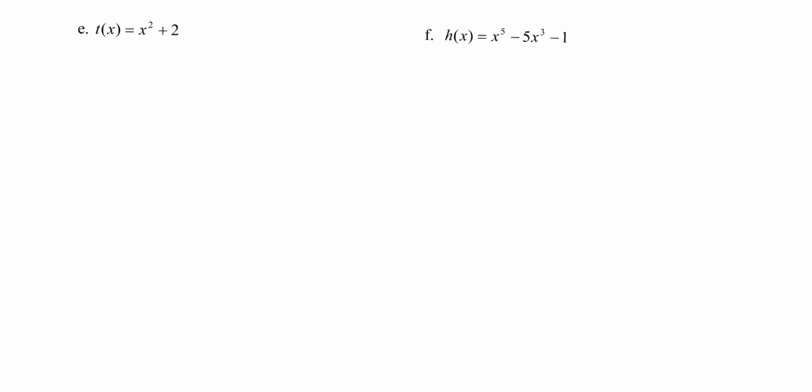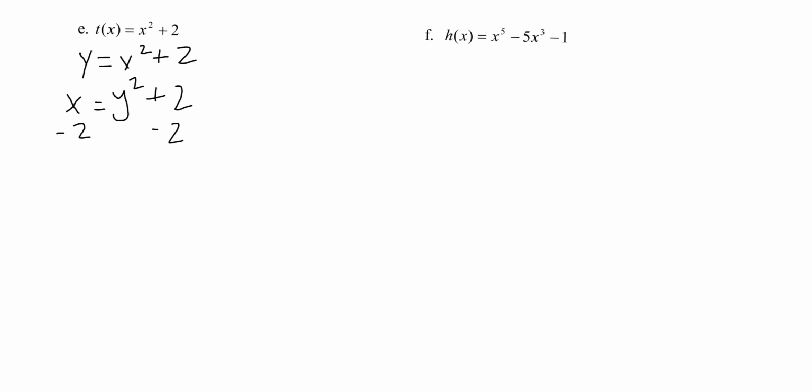Okay, our last two examples for this module. So again, we're finding the inverse. So I'm going to make this y equals x squared plus 2. And then I'm going to flip my x and my y. So it's going to be x equals y squared plus 2. And I want to solve for y, so I'll subtract 2 from both sides.